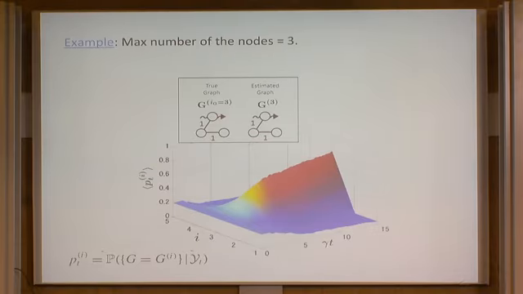Okay, so here's an example where the maximum number of nodes is 3. Here's time 0, and we have 5 candidates, 1, 2, 3, 4, 5. And we don't know anything about them at the initial time. So we have to set the uniform distribution about the structure.